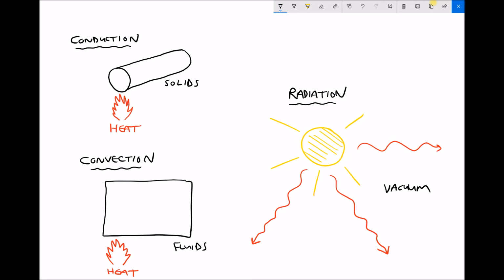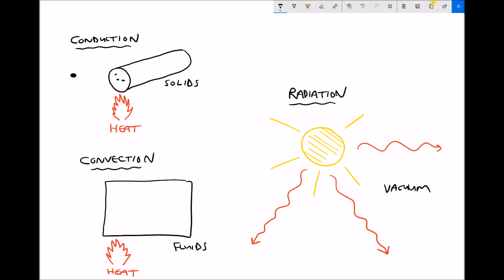Now, for the purpose of this question, we're primarily concerned with conduction and convection, so let's first of all look at conduction. Now, on the diagram there we have a heat source being applied to the left hand side, and basically what happens is as we apply heat to the left hand side, the particles in the material on the left hand side are going to begin to vibrate.